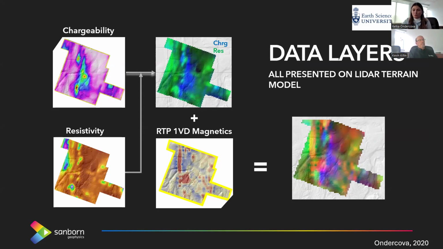For this study, we chose to include chargeability and resistivity at 23 meters depth to get below the overburden. And then we included one of the derivatives of the magnetics to help us identify more of a structural constraint.